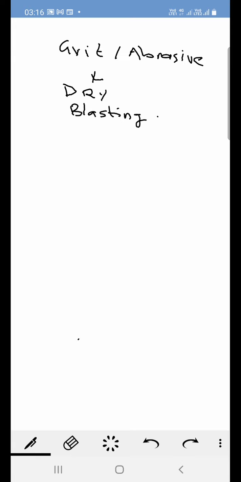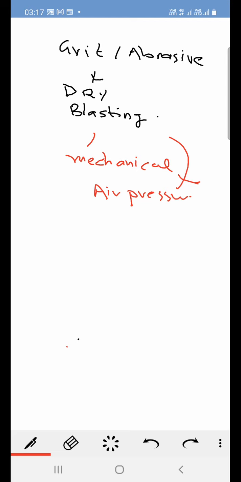First is mechanical blasting, the mechanical method. And the second one is using high air pressure, called air pressure blasting.